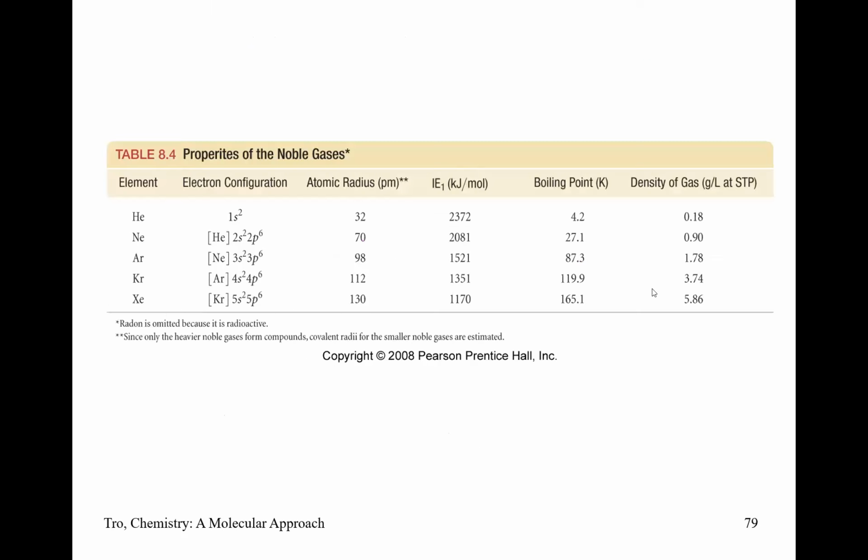They're all gases, right? This is in Kelvin, so room temperature is 293. So even xenon, the highest one, is 165, where room temp is 293. I don't know that that temperature ever even happens on Earth.